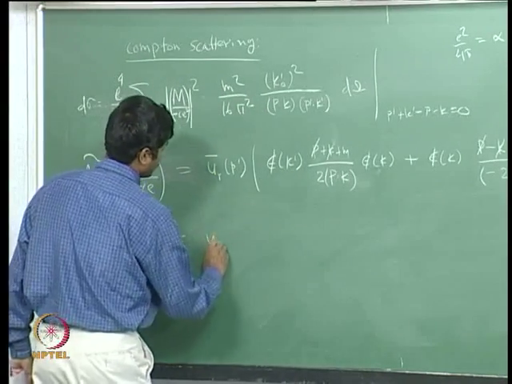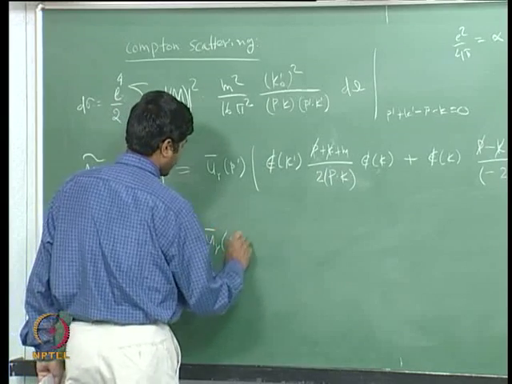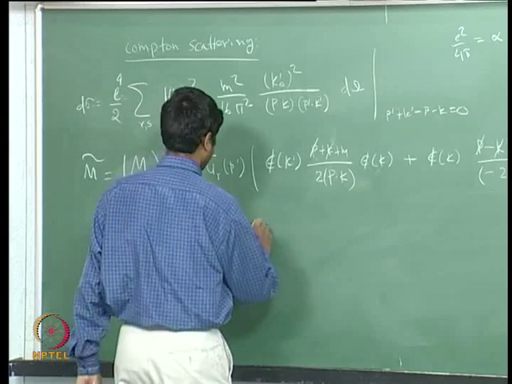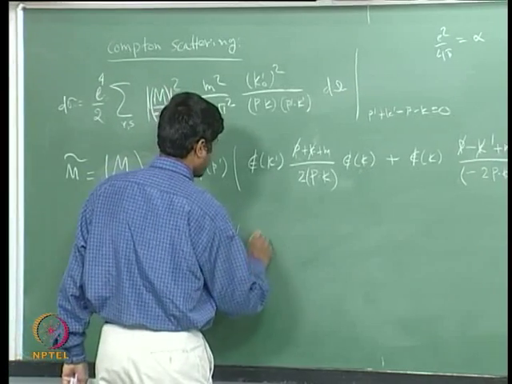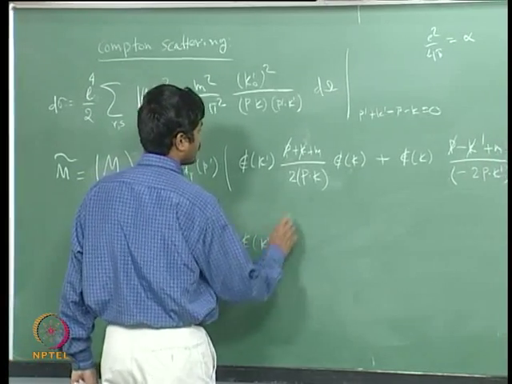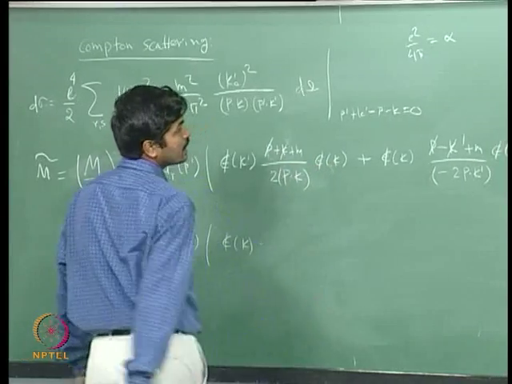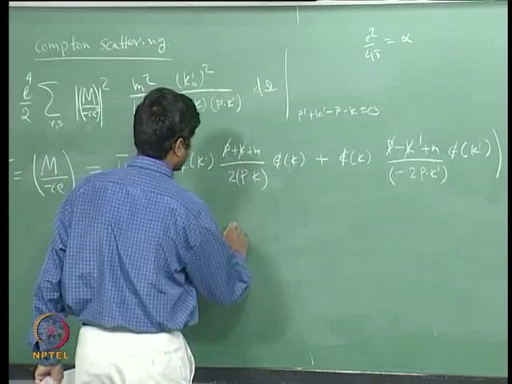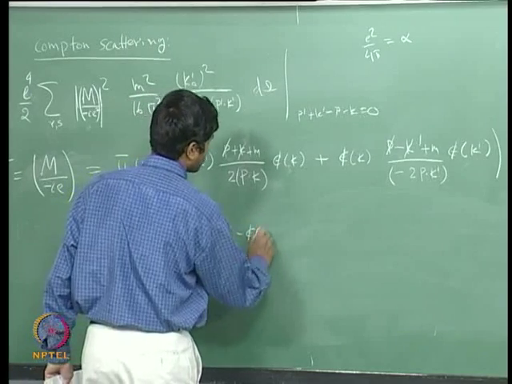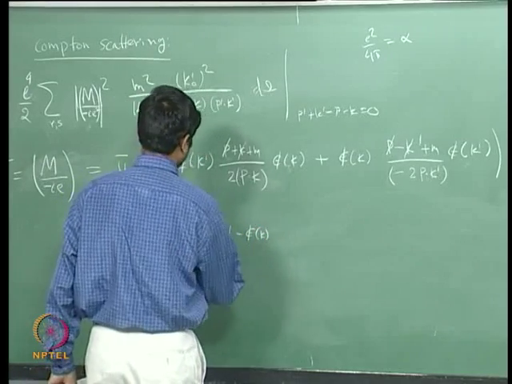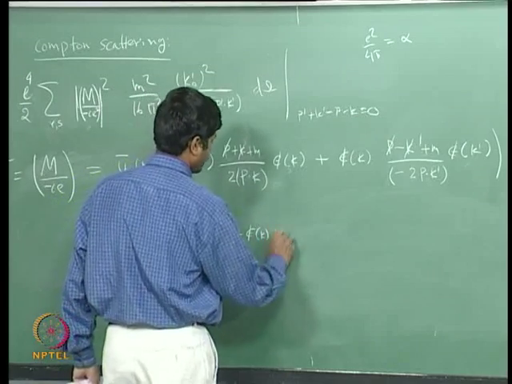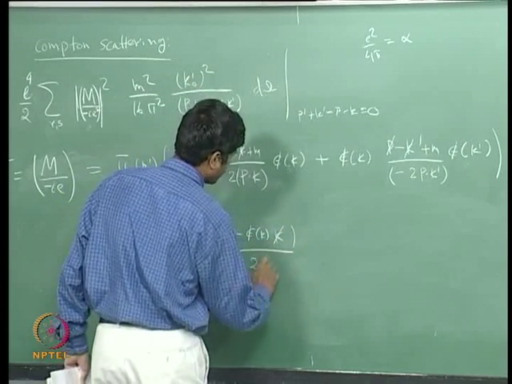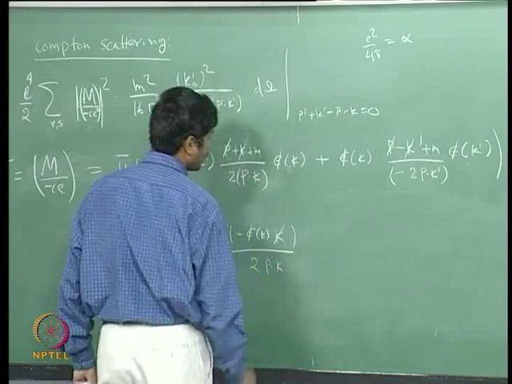This is u_r bar of p prime, then epsilon-slash of k, the whole thing here simply became minus epsilon-slash k-slash divided by 2 p dot k.